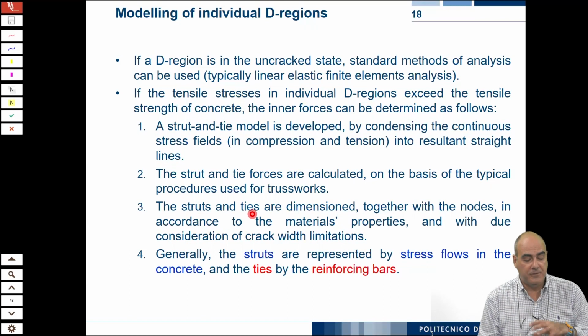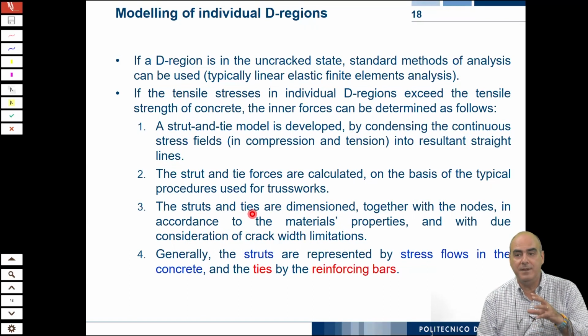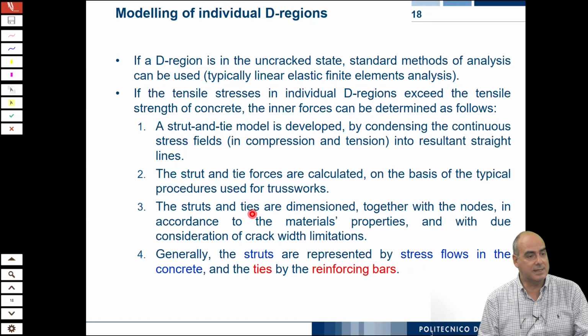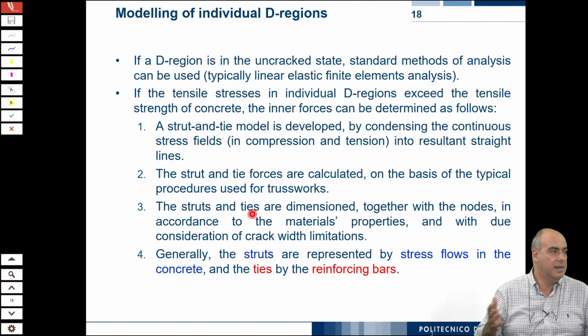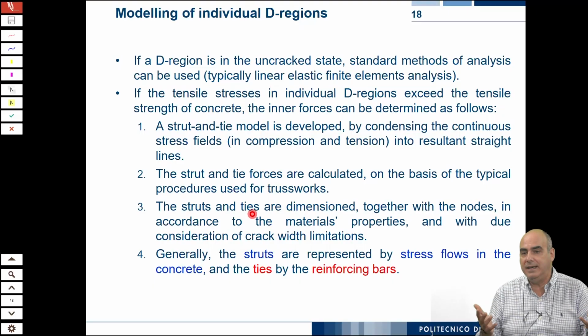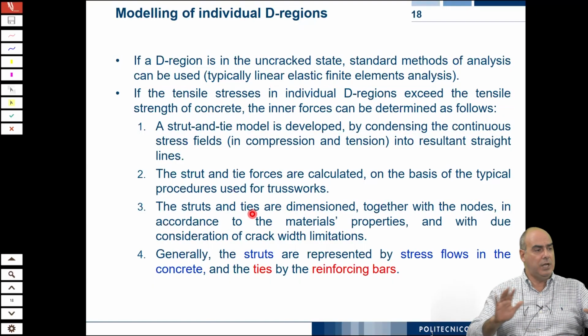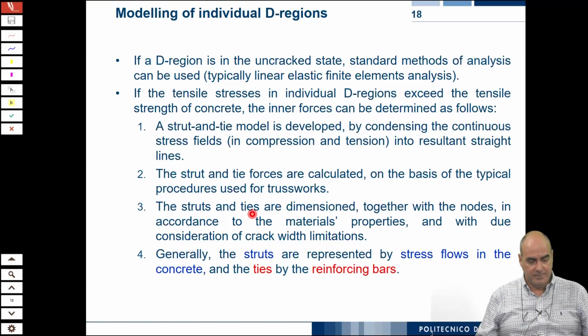So the first thing is to understand the stress field. In some cases it can be intuitive, or you can figure it out with graphical statics, let's say. In other cases, nowadays, we need finite element analysis, very simple, linear elastic at this stage. No need to go for complicated analysis.